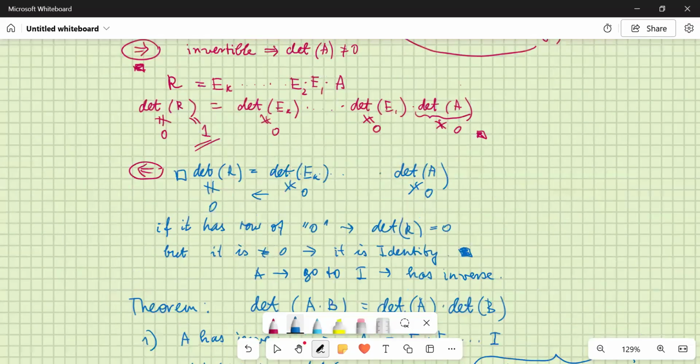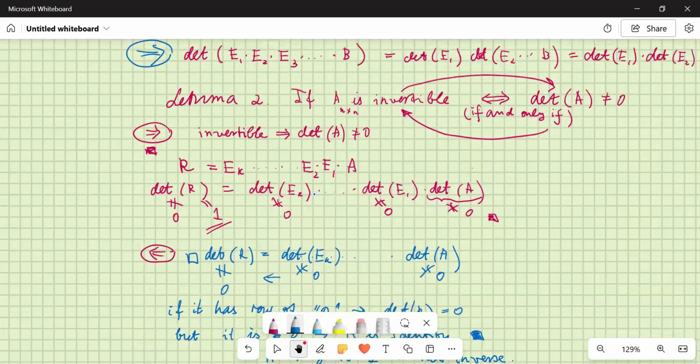I'm trying to point to lemma number 2. We were using this lemma number 2, but we were using the negation of it. So if a matrix is invertible, then the determinant is not equal to 0, right? And if the determinant is not equal to 0, then it's invertible. It means that invertible and determinant not equal to 0 are equivalent statements. So not invertible, which is the negation of this, is equivalent to the determinant equaling 0.